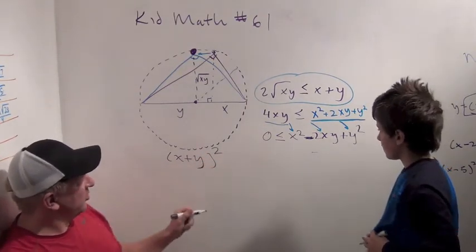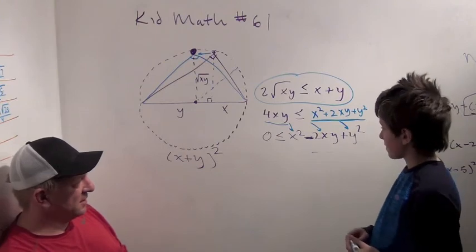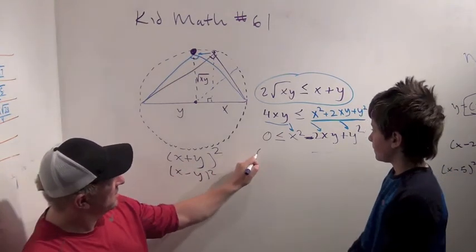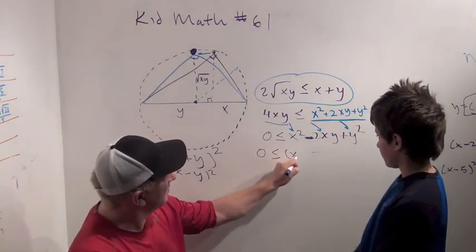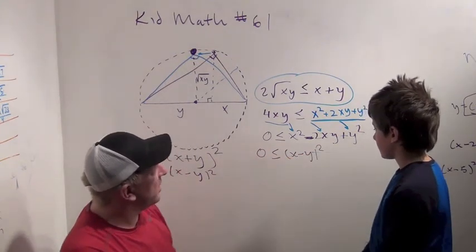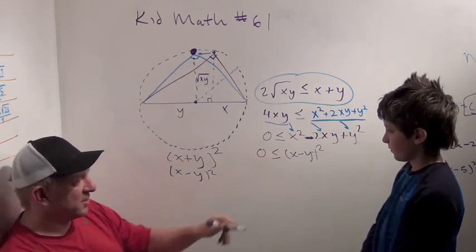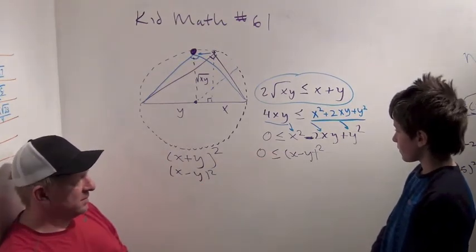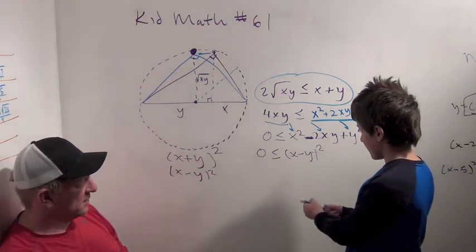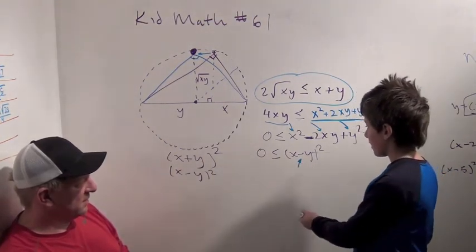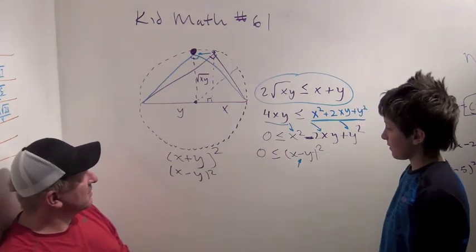So what do you think the purple expression will be equal to? x minus y, squared. So 0 is less than or equal to x minus y squared. Now, why is that true? Why is 0 always less than or equal to x minus y squared? Because even if this is negative, a negative squared is a positive. Very good.